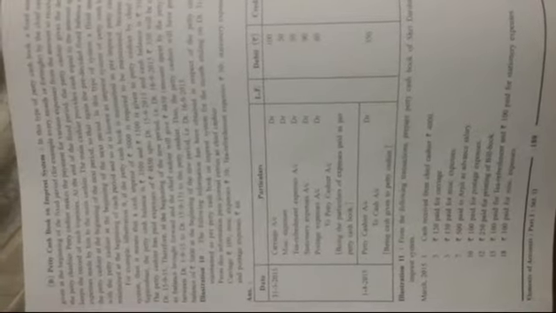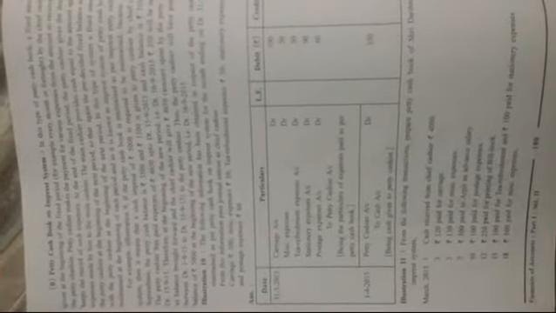Got it? Now let's discuss how to prepare the petty cash book on imprest system with the help of an illustration. Here illustration 10 is given. The following information has been obtained in respect of the petty cash book maintained on imprest system for the month ending 31st March 2015.